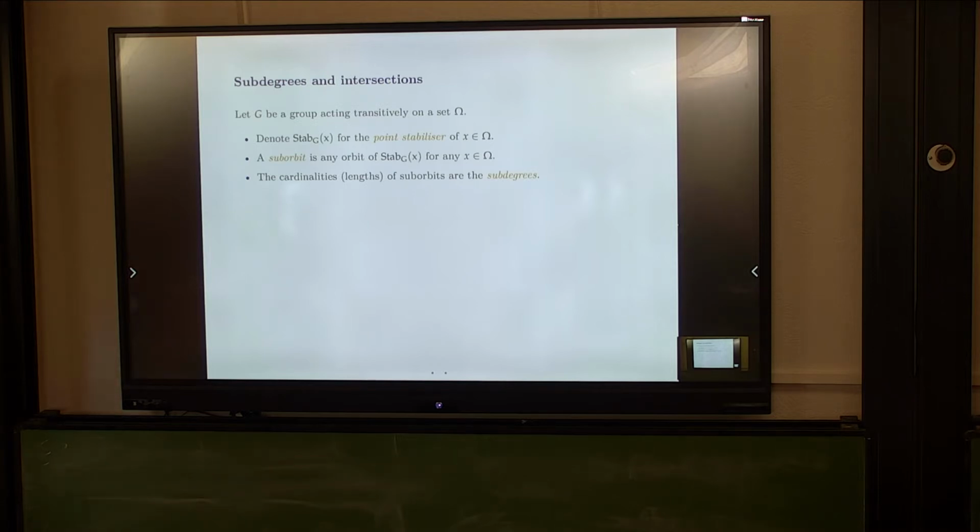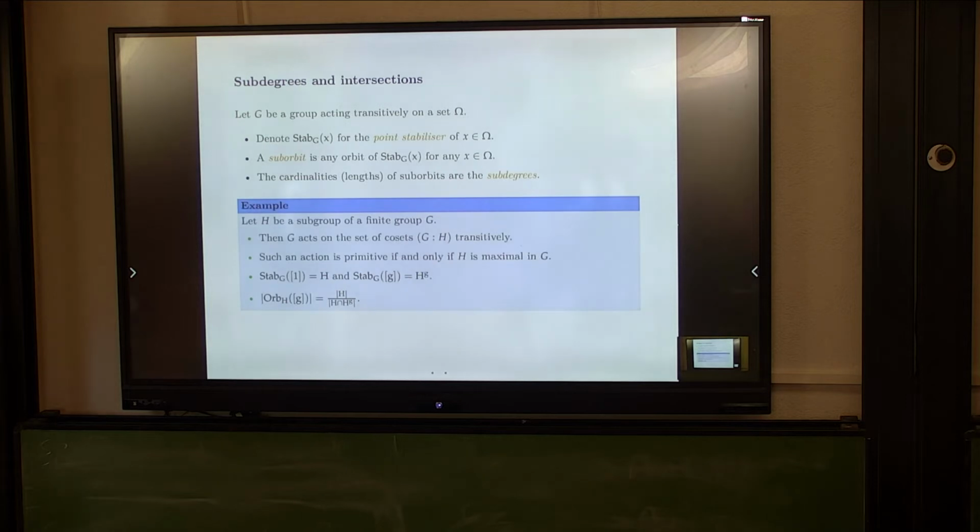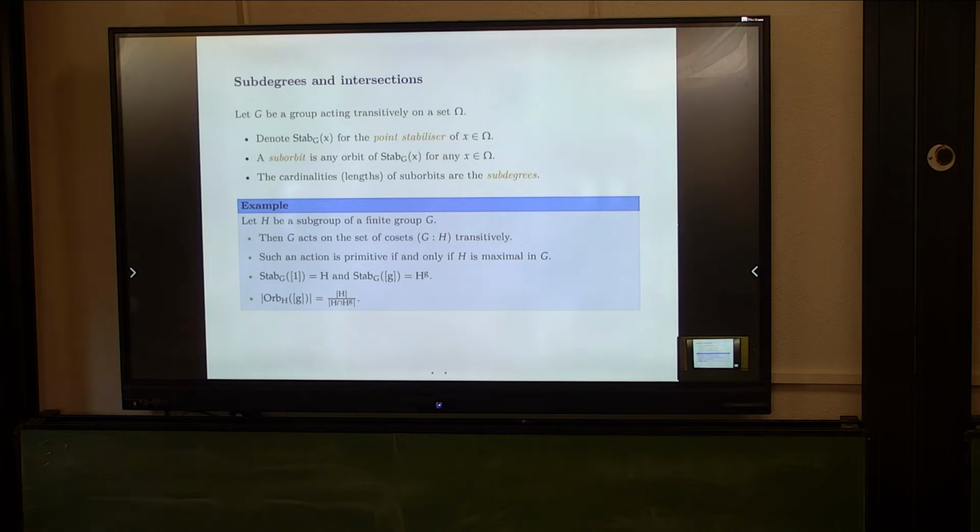Okay, so example. If you have a group, well, I only care about finite groups. My whole life so far, only finite. And you take a subgroup, and naturally you have a transitive action on the cosets, right? And Connie yesterday told us that this action is primitive if and only if your subgroup is maximal.